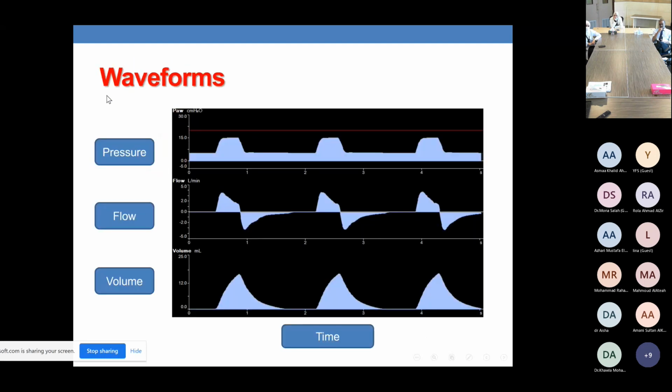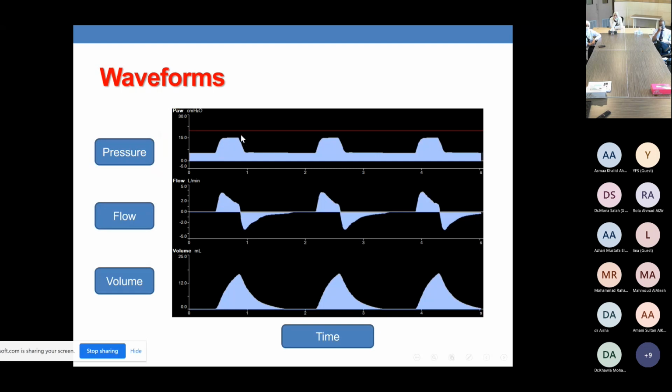Okay, so now the description of the waveform. There is pressure, flow, and volume against time. The pressure wave will start at the PEEP, then the trigger, then rise to the PIP till you reach the target, your maximum PIP, whatever you want.